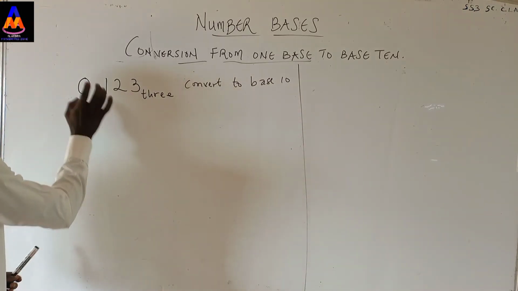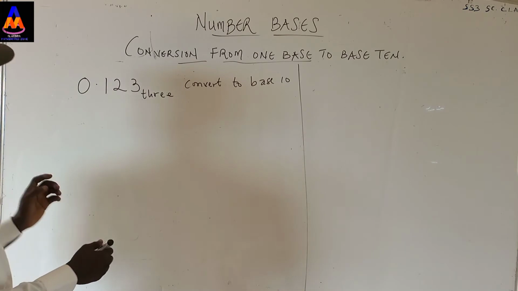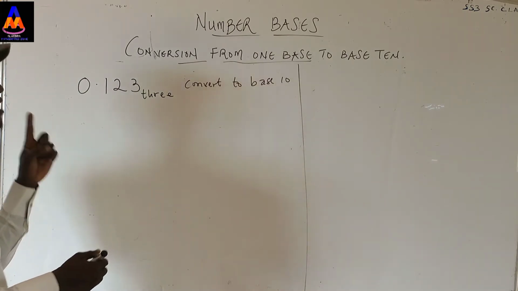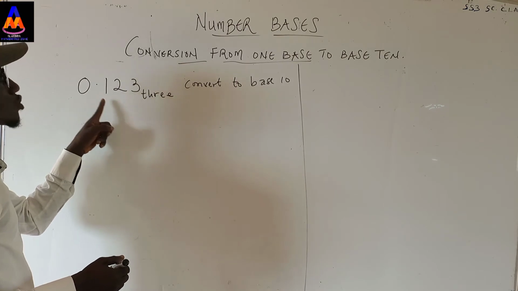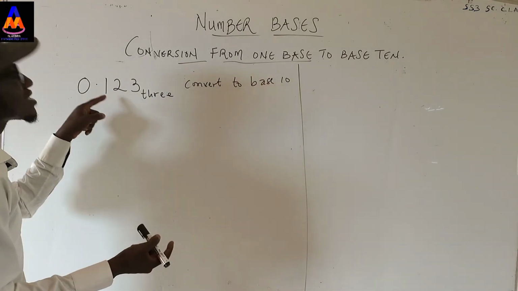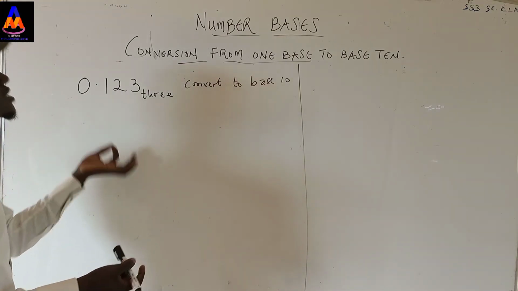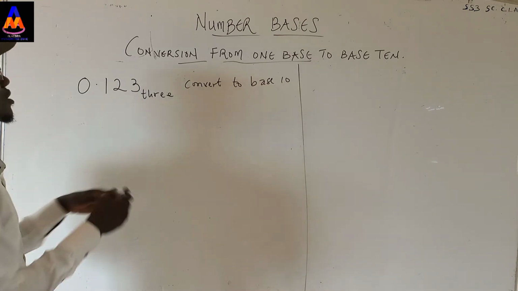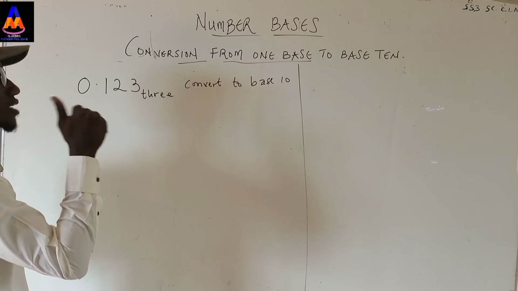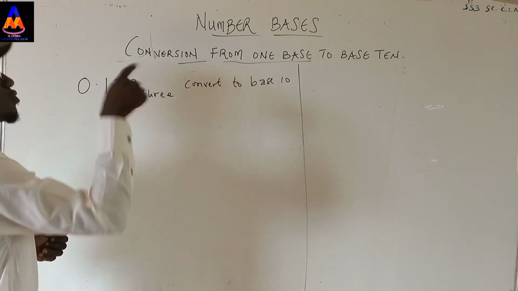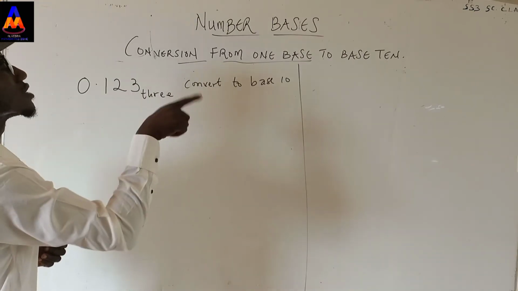So for us to place our digits, you observe that the first digit here, which is 1, after the decimal point, we don't call it units, we call it tenths. So that means units is not represented in the decimal part. In our whole number that we just explained earlier on, we place the last digit, which is units, as power 0.